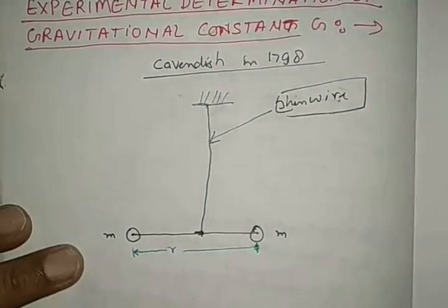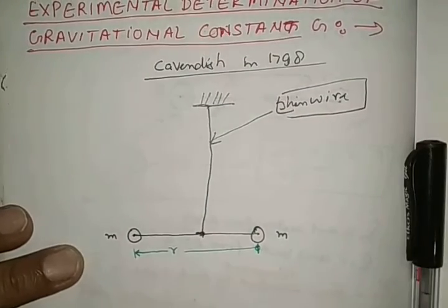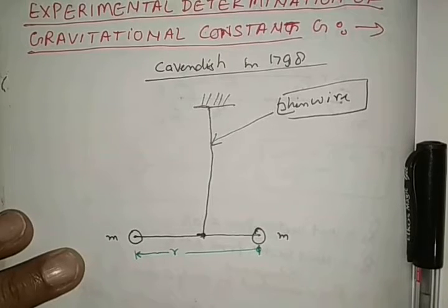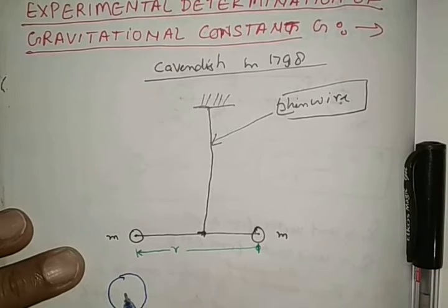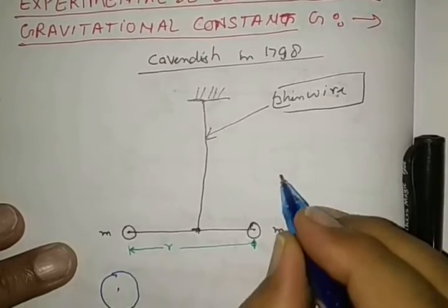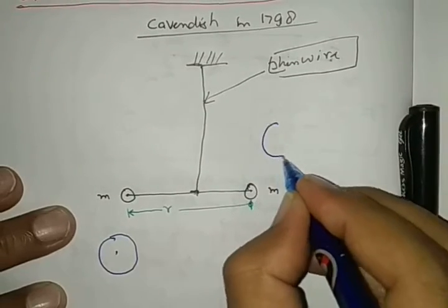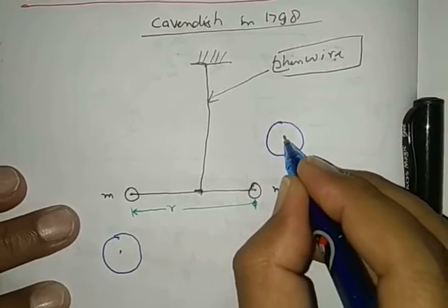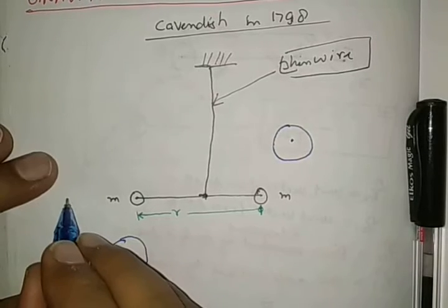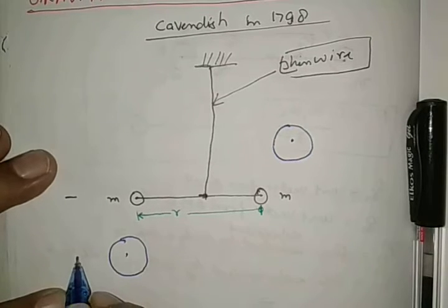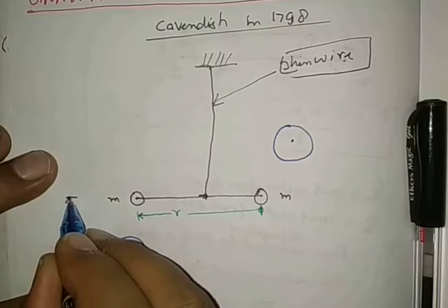right? Now what happened is, two heavier balls are placed, one here of equal masses and another on this side. Both two heavier masses are kept at equal distance on either side.